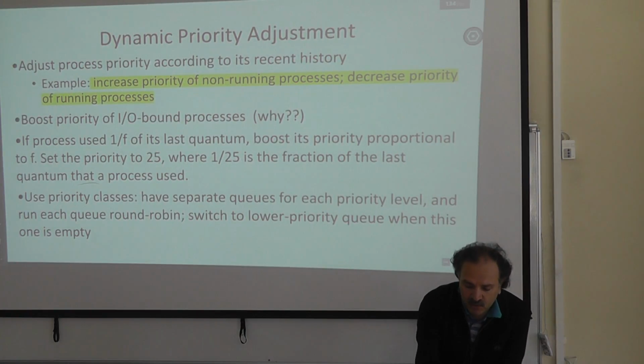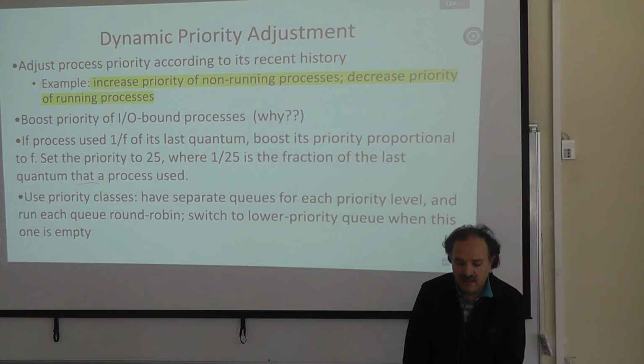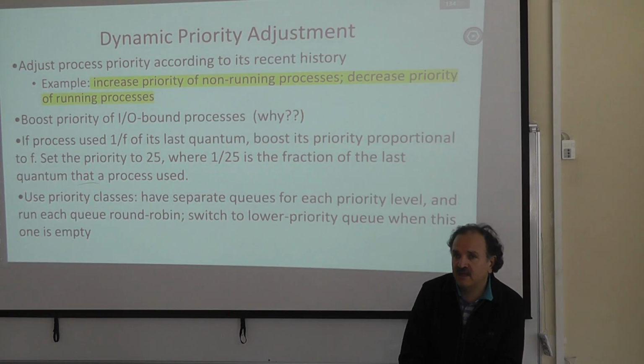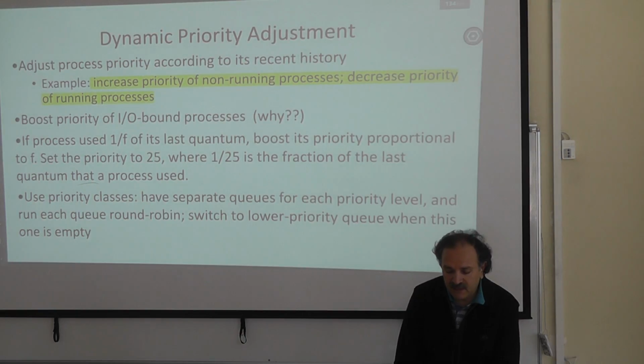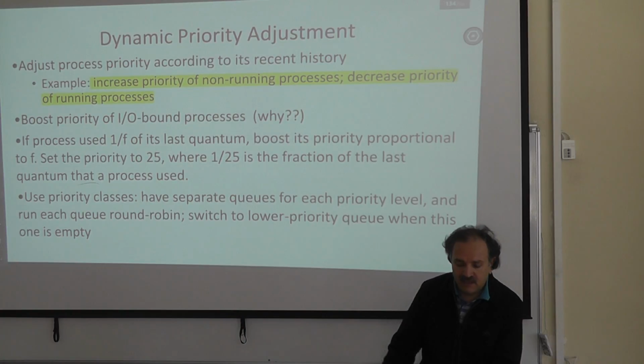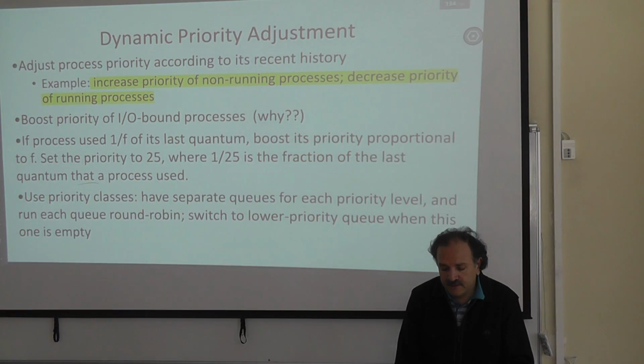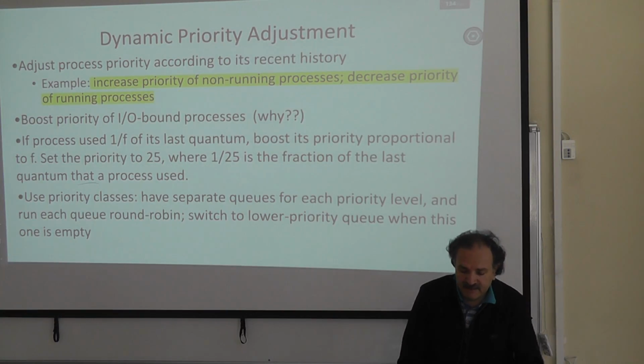So you have separate queues for each priority level, and each queue runs a round robin algorithm. So you switch to a lower level priority queue when the upper level queue is empty. Without finishing all the higher level priority jobs, you don't go to the lower level. Okay, they all have to be finished, or they all have to be blocked.